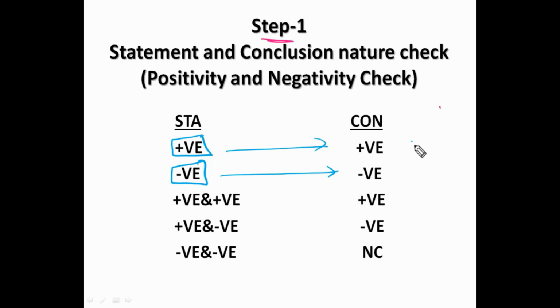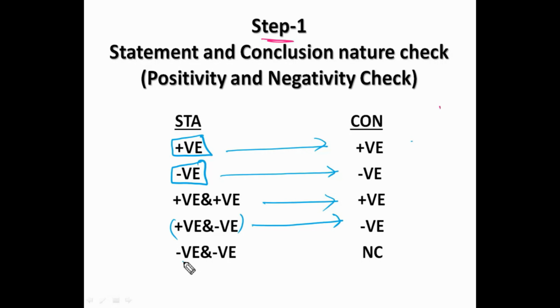If the statement is negative, the conclusion must be negative. Two positive statements lead to a positive conclusion only; negative will fail somewhere. A combination of one positive and one negative statement leads compulsorily to a negative conclusion only; positive will fail somewhere.